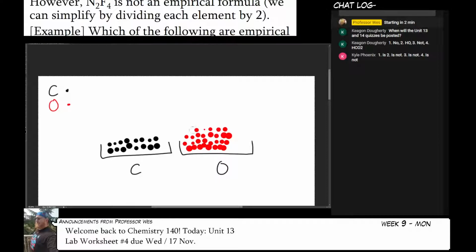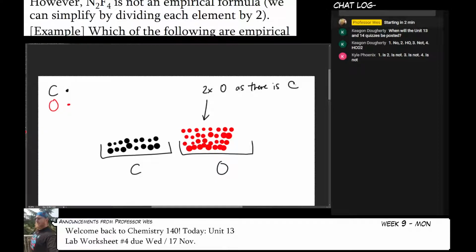Because I have a stylus here, they're all coming out different sizes. There we go. Now, if you were looking at these bins, you could say that there is twice as much oxygen as there is carbon. And you can see that, right? I tried to draw 4 rows as opposed to 2, although I don't know why they all crowded at the bottom and then fanned out at the top.